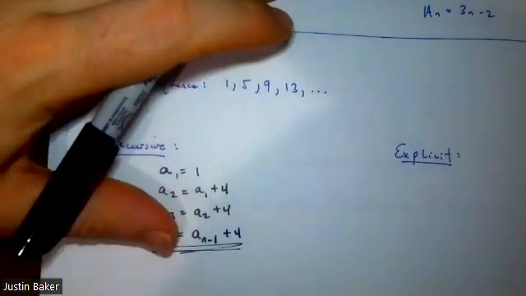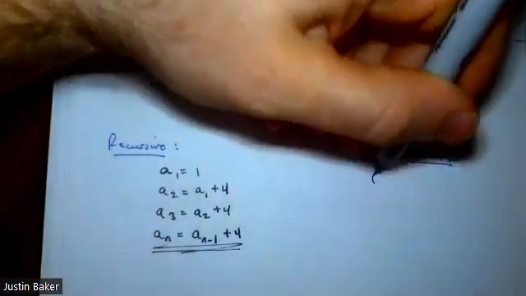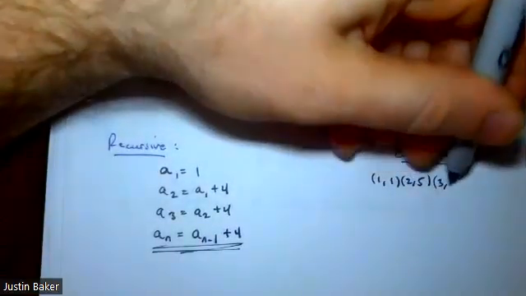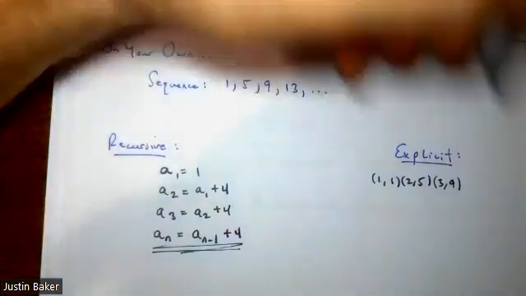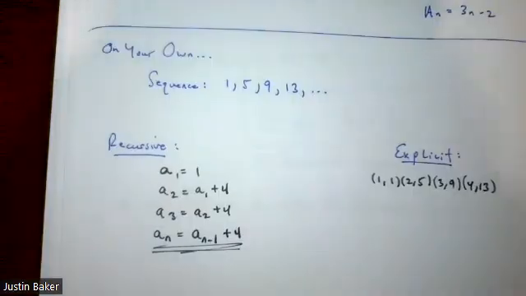So what do we have over here? We have the point: first term, actual value. Second term, actual value. Third term, actual value. Fourth term, actual value.